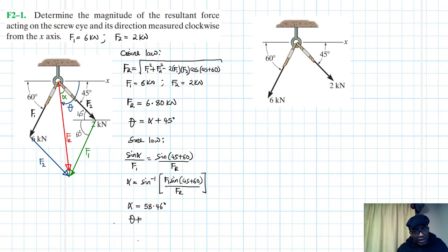Therefore, theta is just going to be equal to, we plug this in here. Once we do so, this gives us 103.46. Alright, so we are done with the first part.